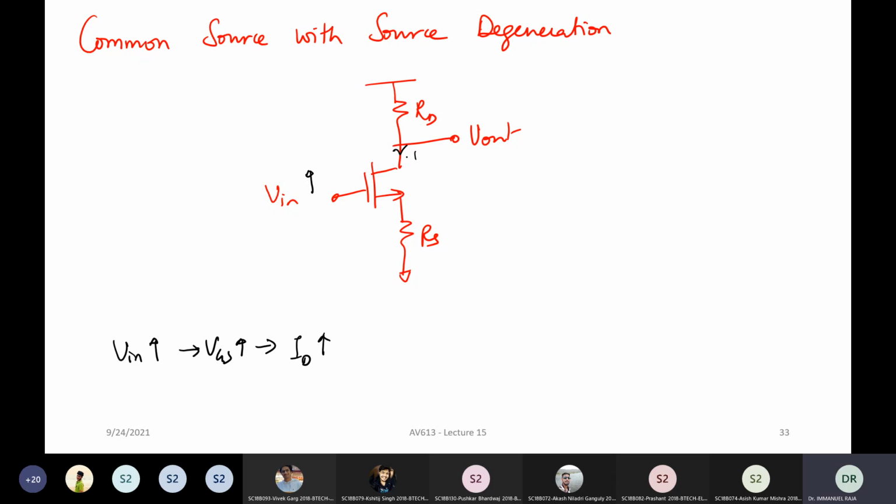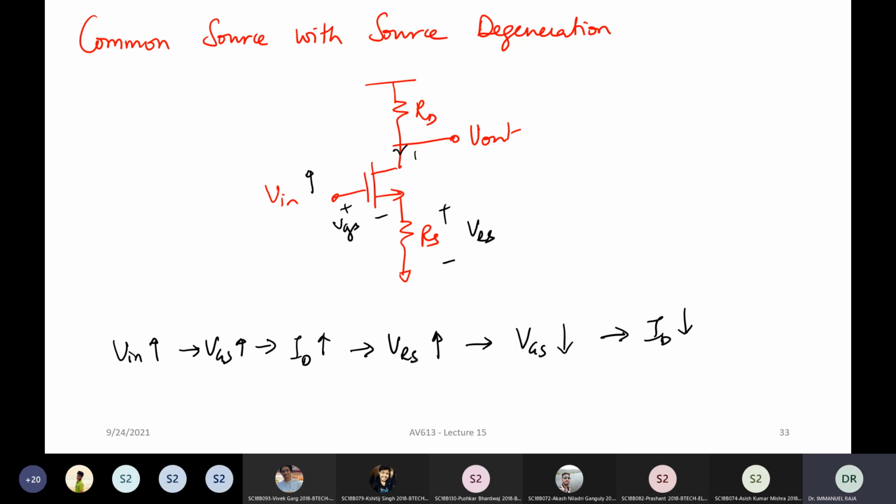Now, as drain current increases, the voltage across the source resistor, VRS, increases, which means the gate to source voltage now starts to reduce. VGS is here. Your gate went up, now your source is also going up. So the gate to source voltage goes down, which means the drain current comes down.